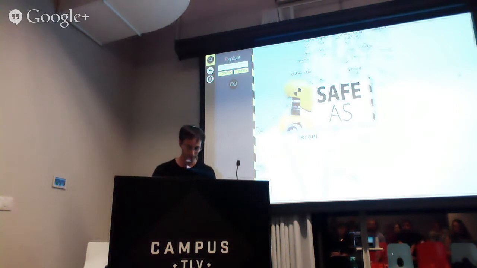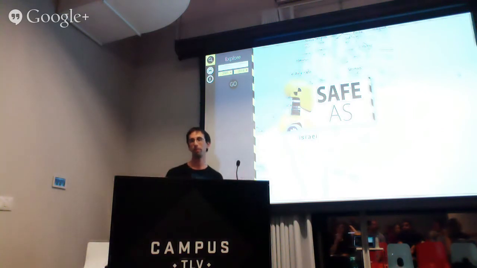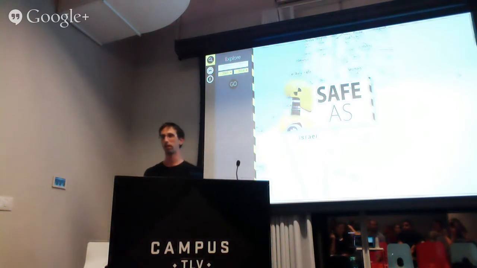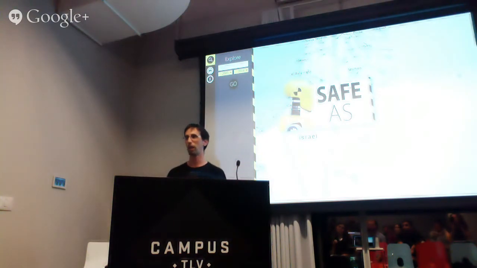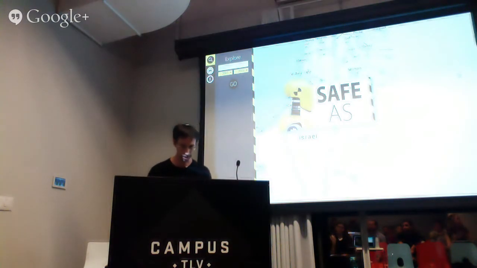Yes, we can. Using a large database of car accidents all over Israel in the last 10 years, Safe As recommends the road on which fewer accidents occurred during that time.